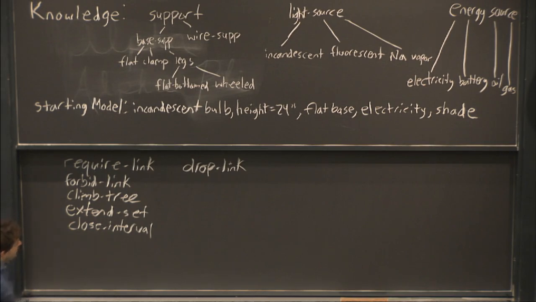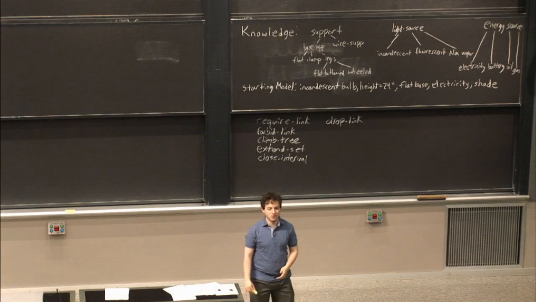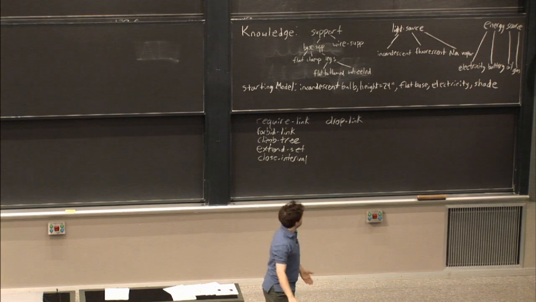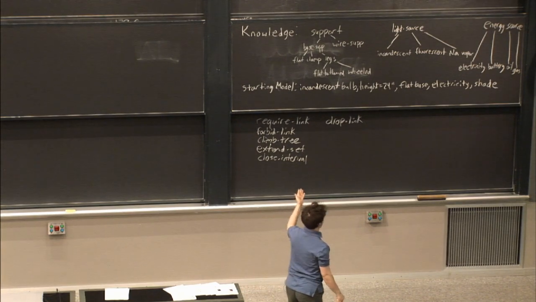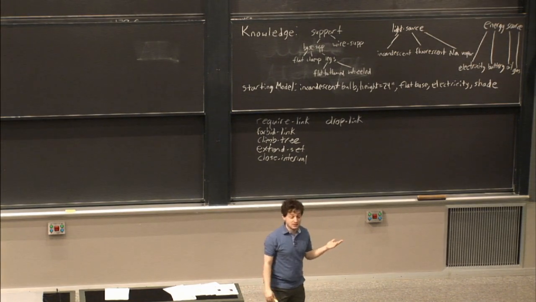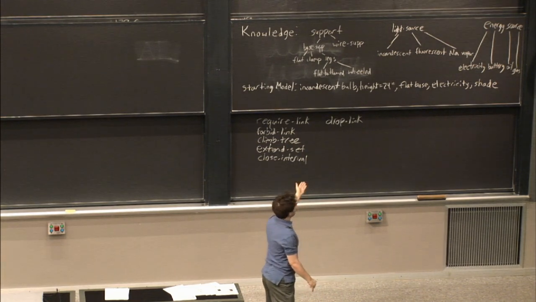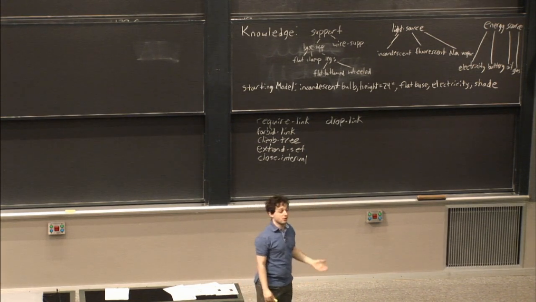So basically, require link is a heuristic that goes into your model and adds a requirement where before your model just didn't care. Let's say there was something about color for your lamp, and right now it doesn't care about color at all.